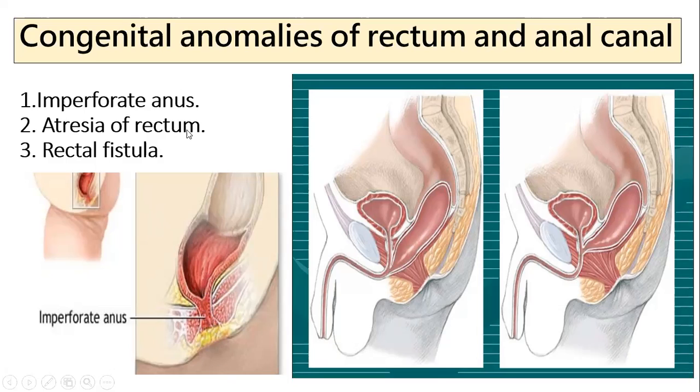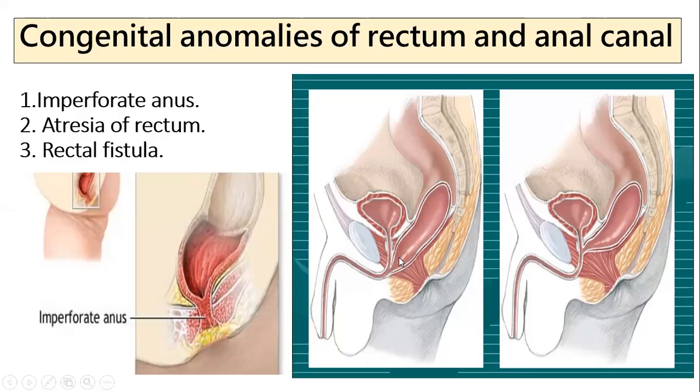The second is the atresia of the rectum. Sometimes instead of the anal canal, it is the rectum which is atretic. So there is total closure of the rectum. Okay. If you see here, there is actually no rectum, but it is opening somewhere else. So sometimes there will be total closure of the rectum. Sometimes there can be a rectal fistula.